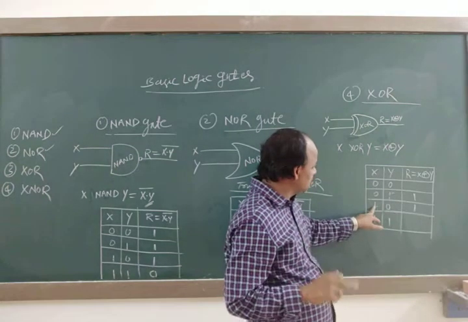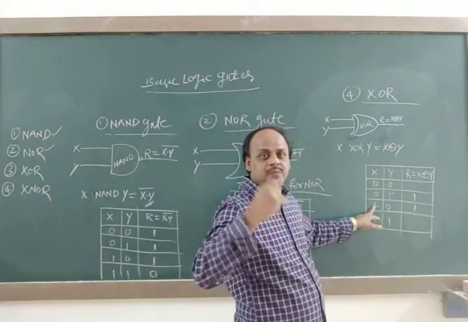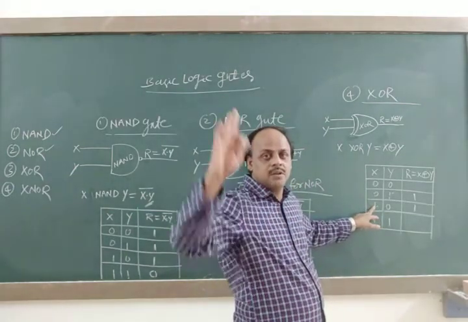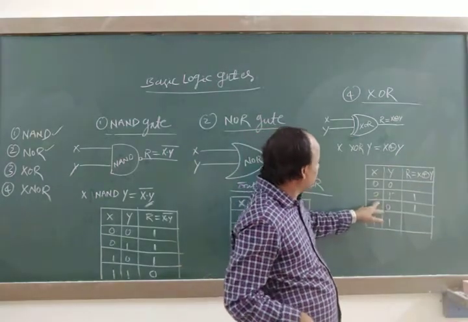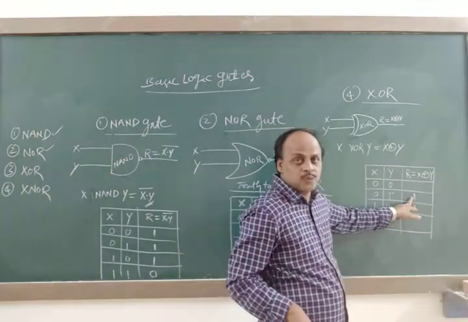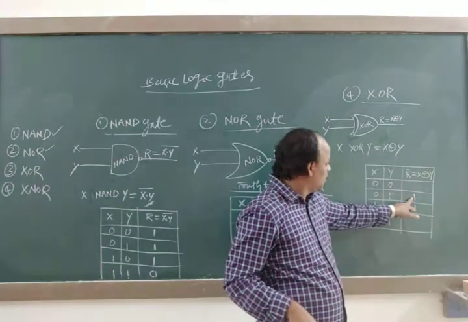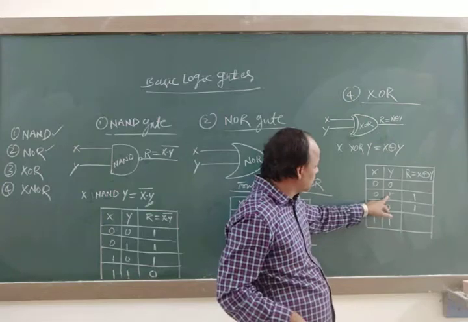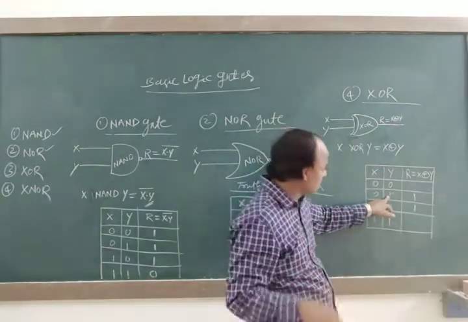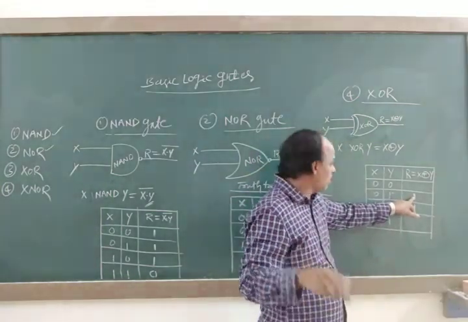Here also 1 is there 1 time. It may be 1 time, 3 times, or 5 times for 5 inputs. Like that, in the XOR gate the result is high, meaning 1, if and only if there is an odd number of ones in the combination. Here 1 is present 1 time, therefore an odd number of times, therefore the output is 1.